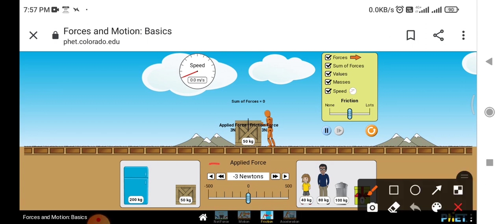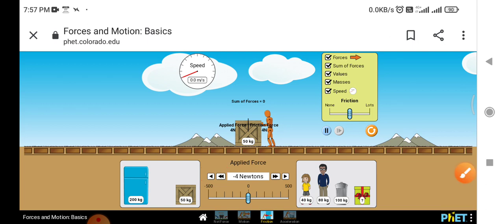So I am applying the force in the opposite direction. You have to press this button. See the Newton, the sum of the forces is 0, there is no movement. When the applied force is greater than the frictional force, the object will start to move. Here both the forces are of equal magnitude, so there is no movement of the object.